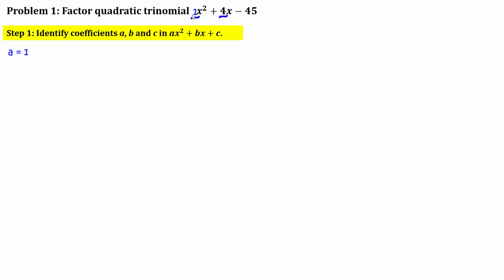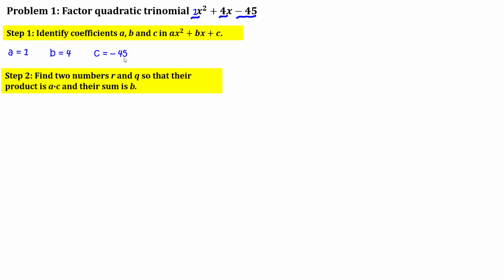B is the number multiplying x, which is plus 4 or just 4. And c is the constant term, c for constant. So c is negative 45. These coefficients are signed, meaning the sign gets included here. Okay, so that's all for step 1. A is 1, B is 4, C is negative 45. Sorry, if you were thinking it, you were correct before I wrote out the answers.